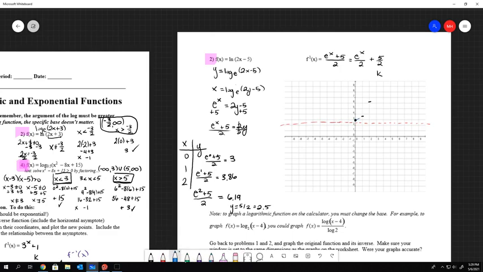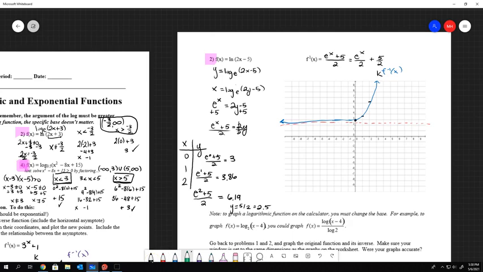And then we'll finish graphing. So this is f inverse.